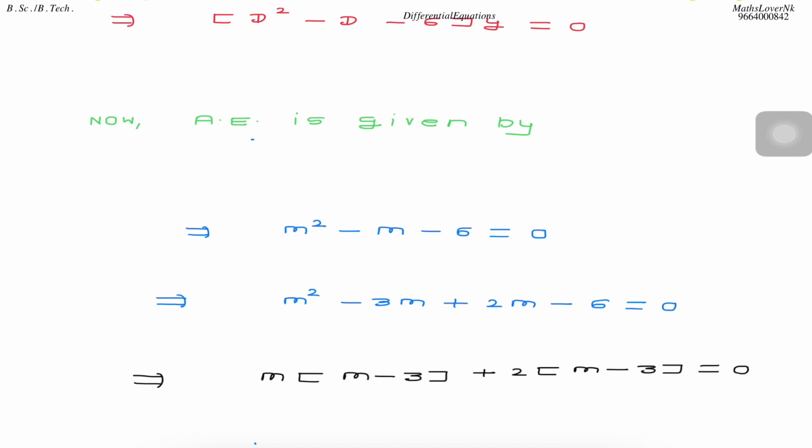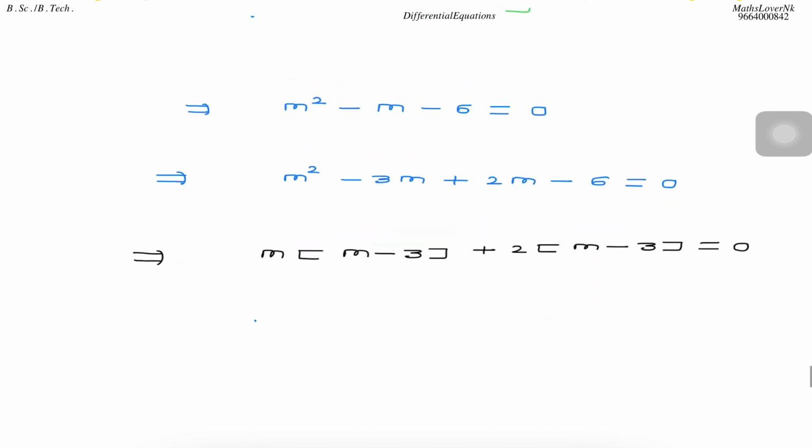We get m plus 2 into m minus 3 is equal to 0.